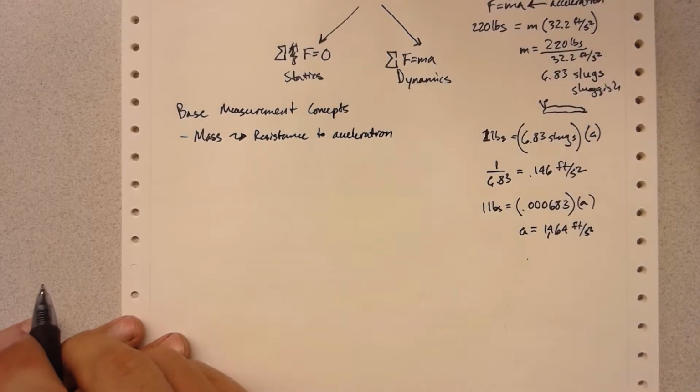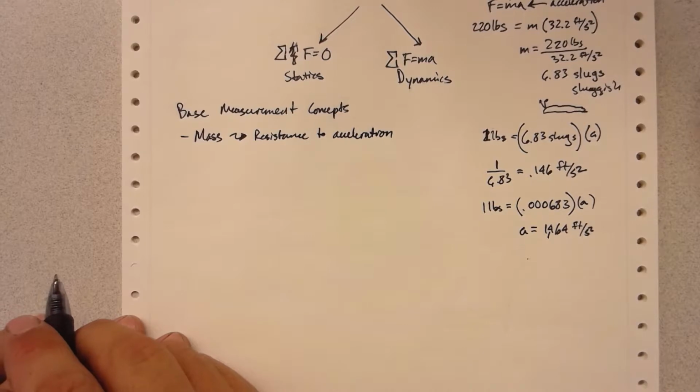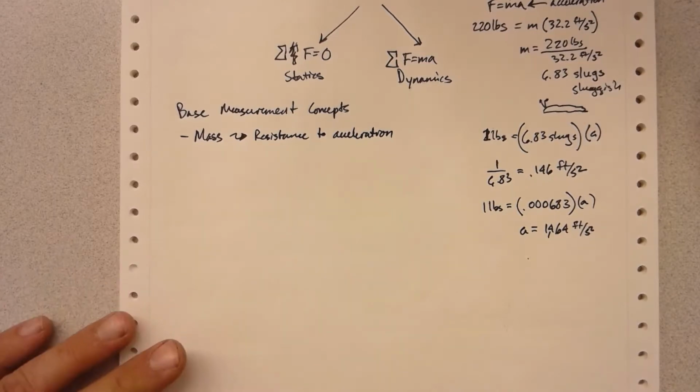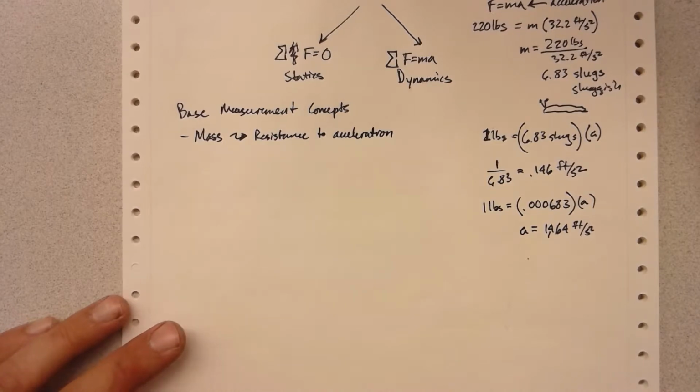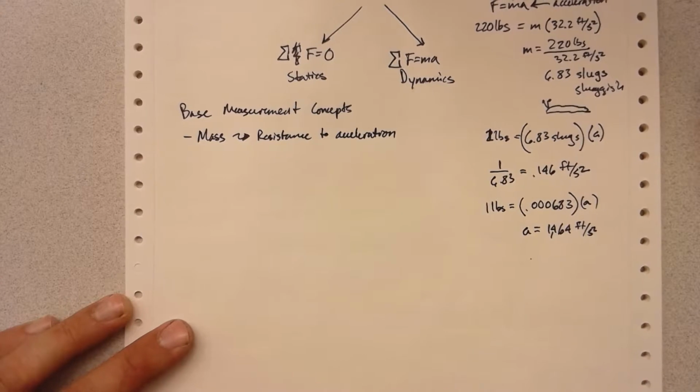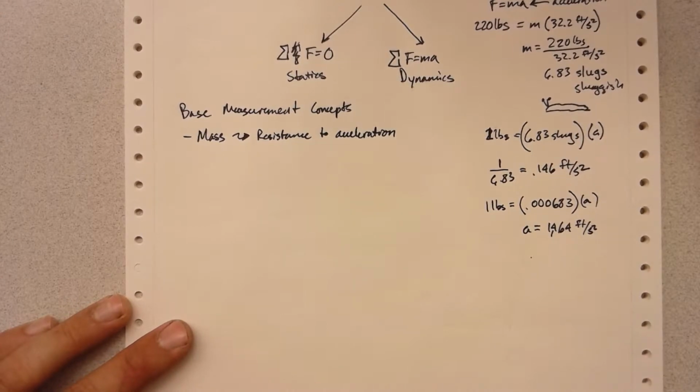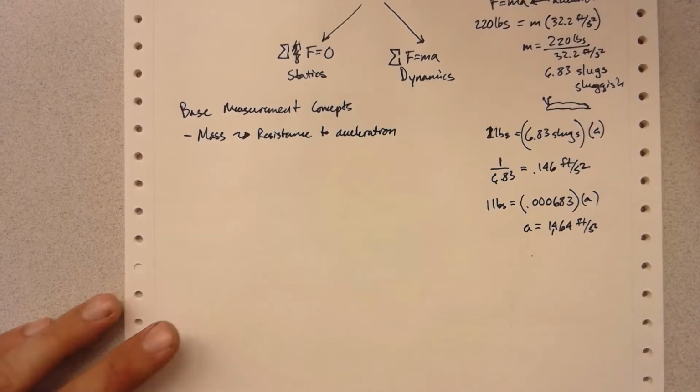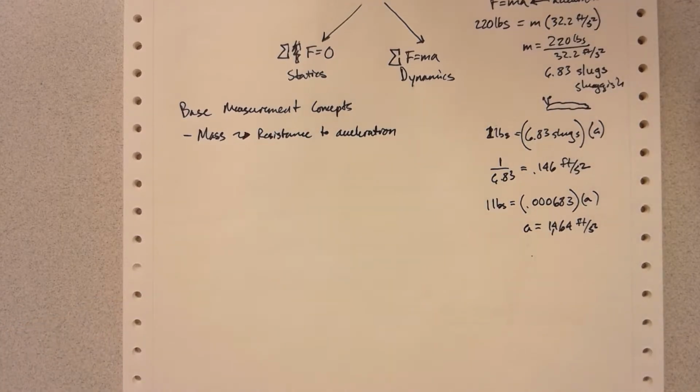What do you think another base measurement concept is? Volume? Okay, so volume is derived from it. What is a volume, conceptually? Mass over density? No. What are the units of volume? Let's start there. Liters? Okay, liters is a unit of volume.